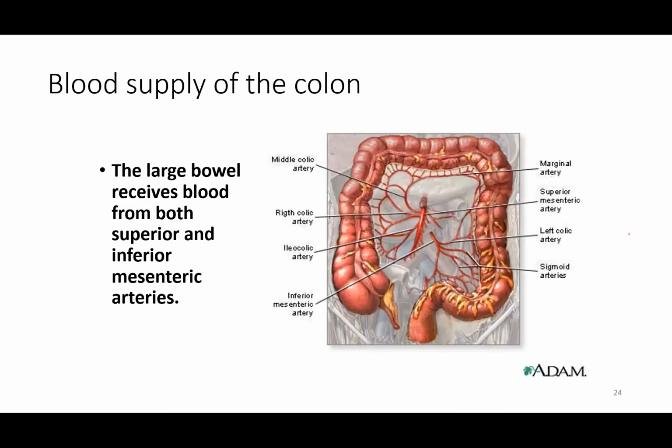Now, what is the blood supply to the colon? The blood supply of the colon is from branches of the superior and inferior mesenteric vessels.